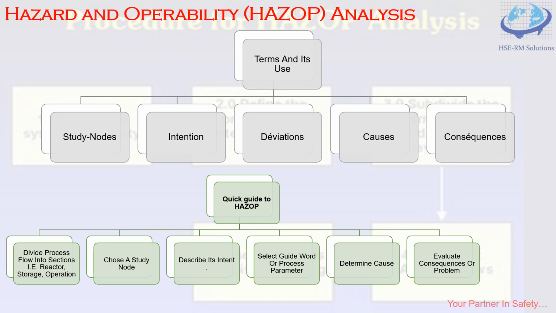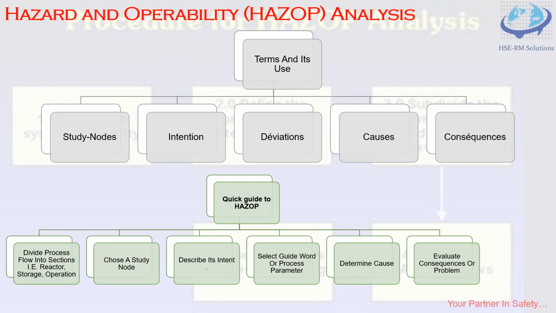That means evaluate consequence or problem. So once we know the cause, we try and understand whether there are more controls needed there, how to evaluate, what consequence, what will be the recommendation part.